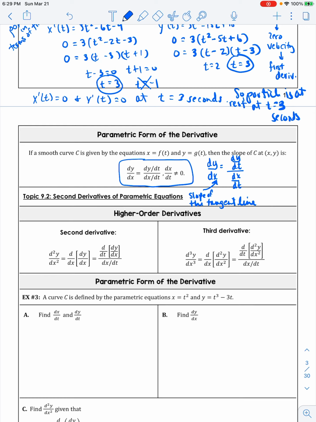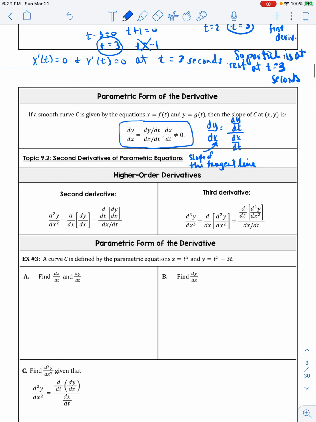If you look at dx/dt and dy/dt, they're not the slope of the tangent line. They are like velocity. They're telling you how x and y change at a certain time t.